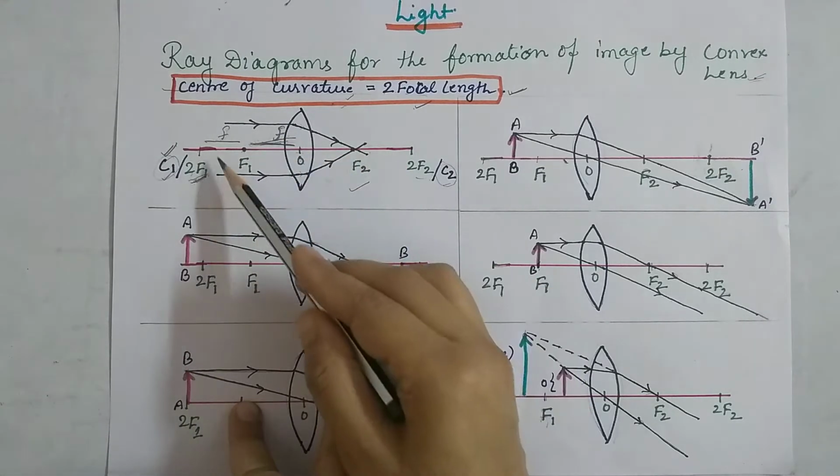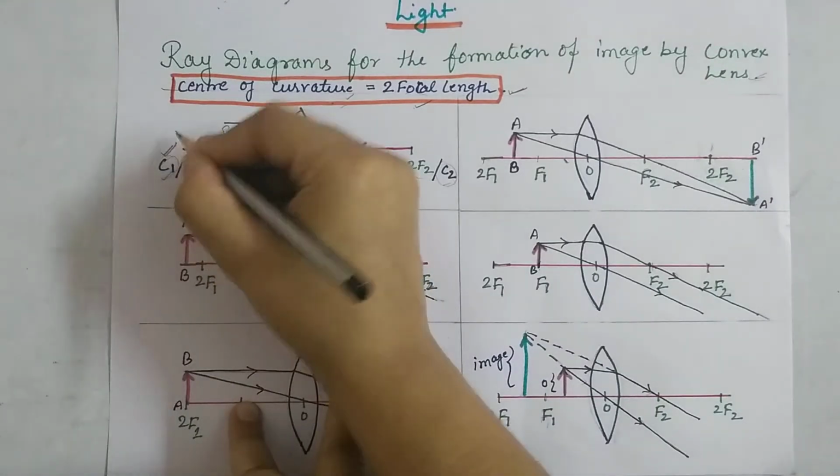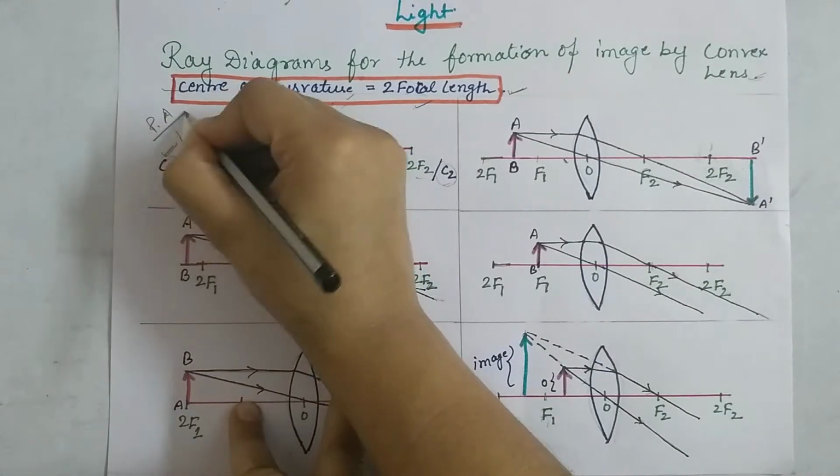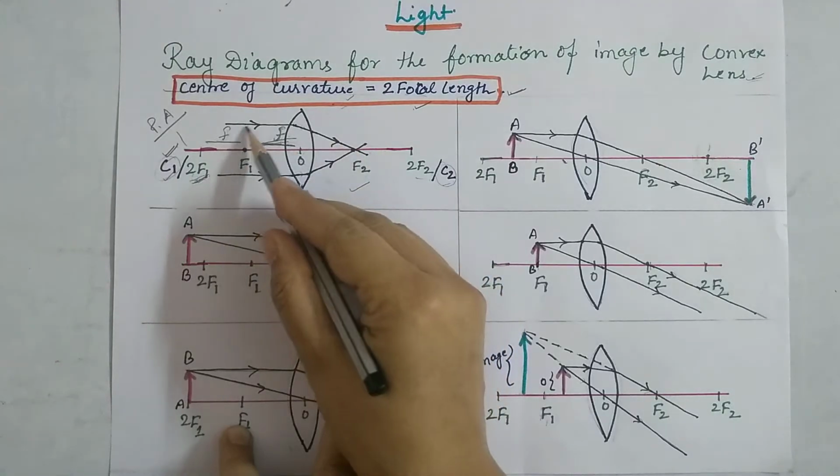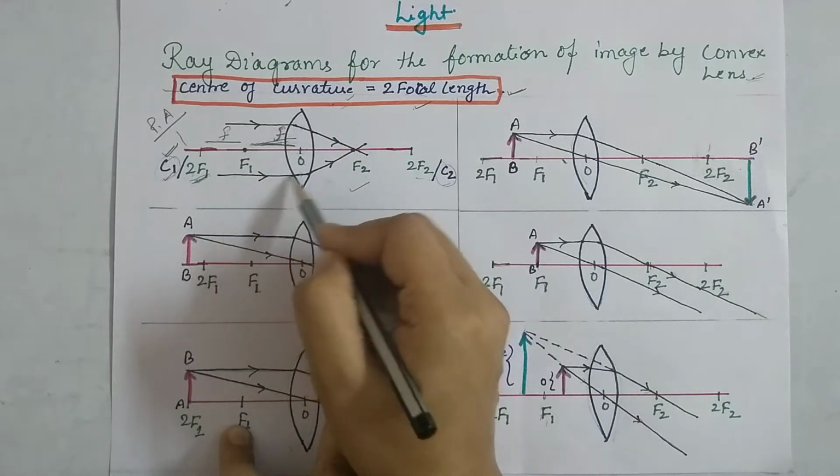This red line is your principal axis, and this light ray is going parallel.